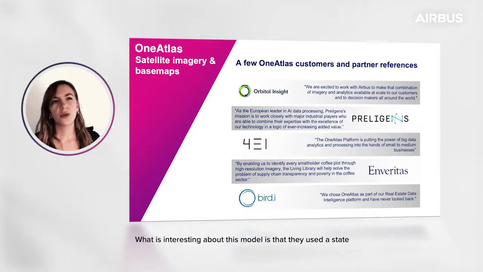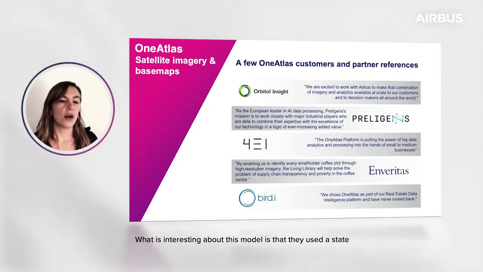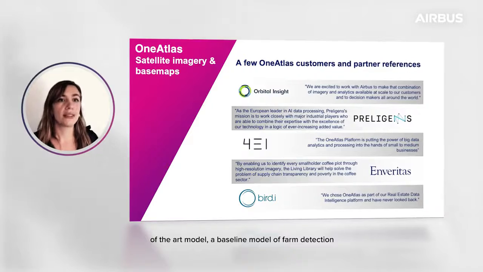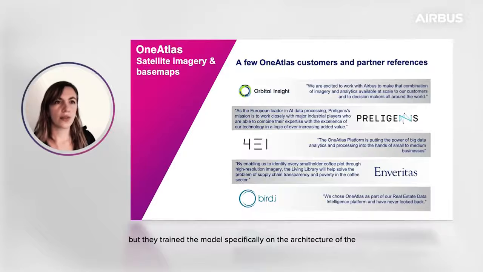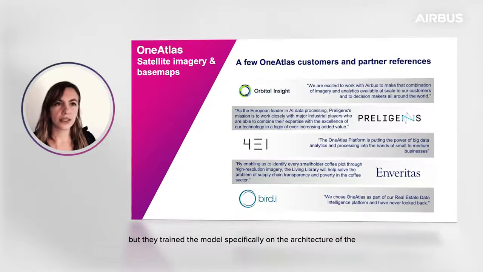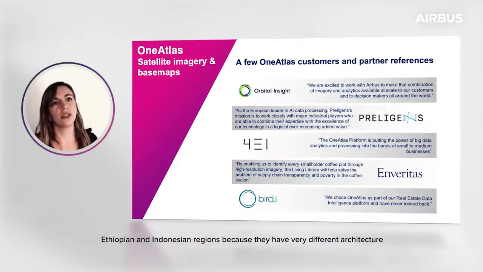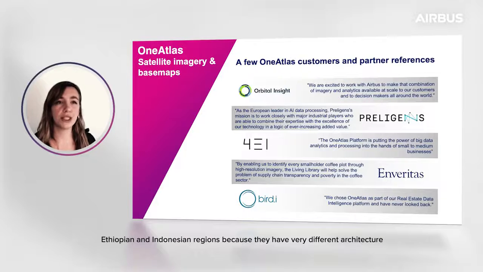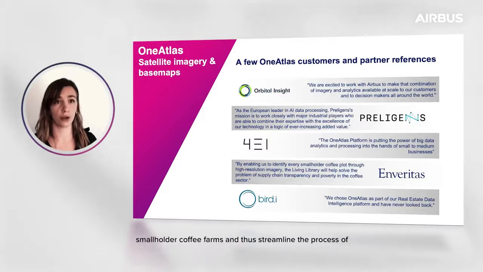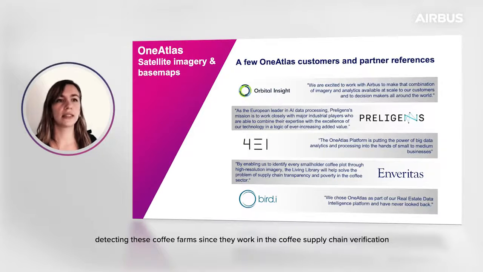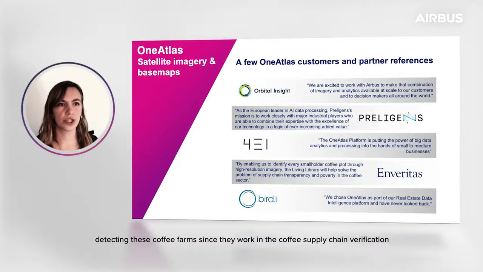What is interesting about this model is that they used a state-of-the-art baseline model of farm detection, but they trained the model specifically on the architecture of the Ethiopia and Indonesia regions, because they have very different architecture. This model then helped them to automatically detect smallholder coffee farms, and thus streamline the process of detecting these farms, since they work in coffee supply chain verification.